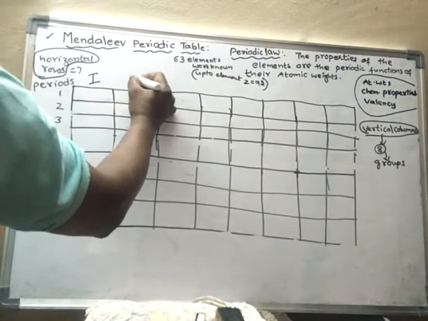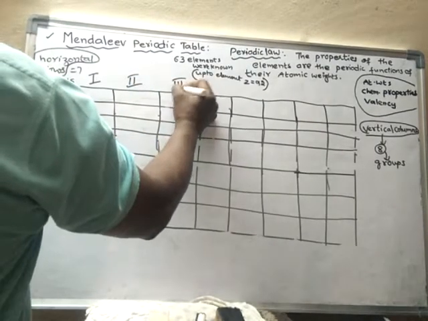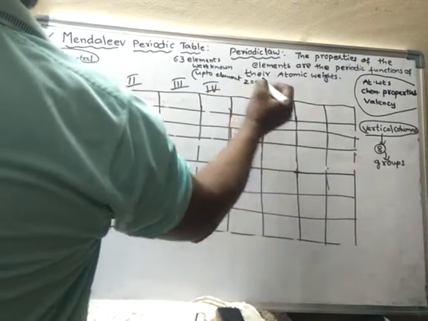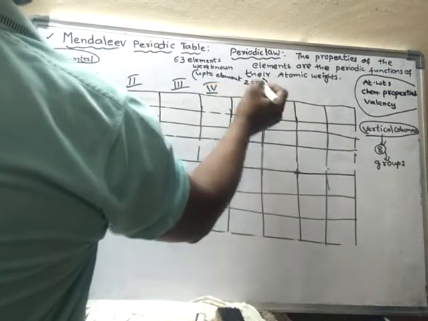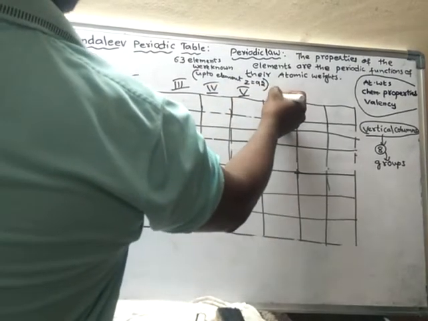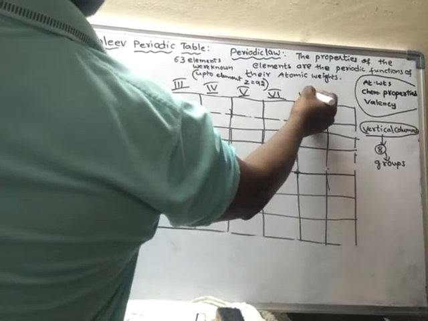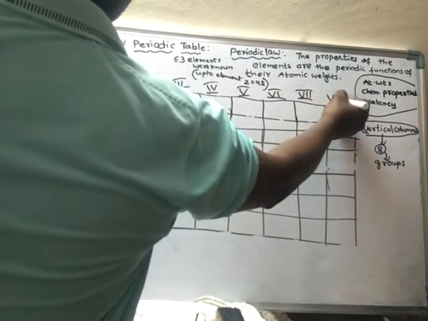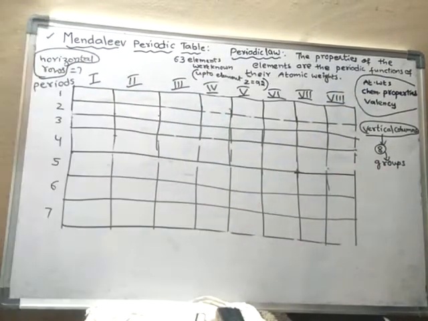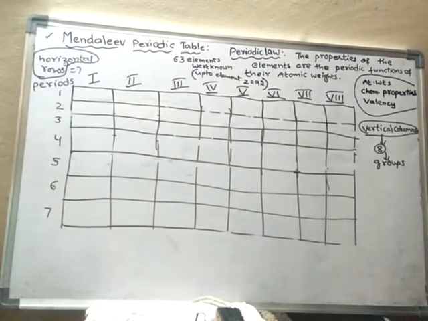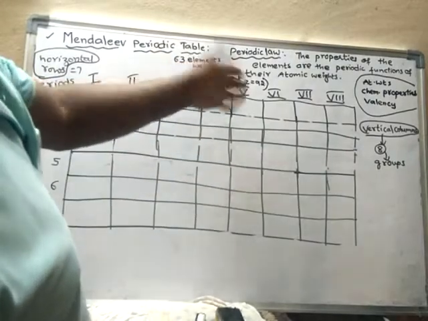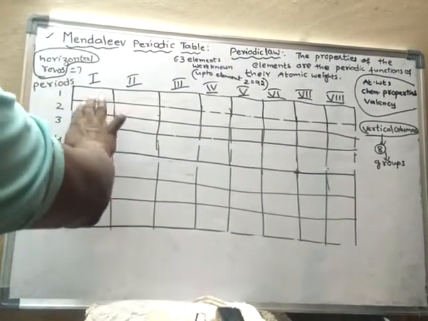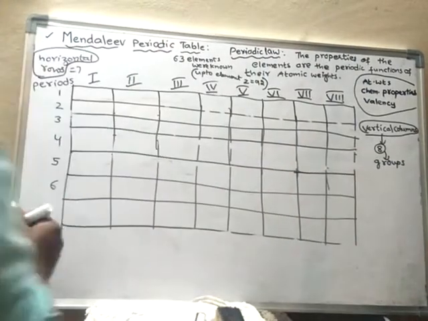1, 2, 3, 4, 5, 6, 7, 8. They are represented by Roman numbers. Now, in this table, he kept on arranging the elements by the increasing order of atomic masses.